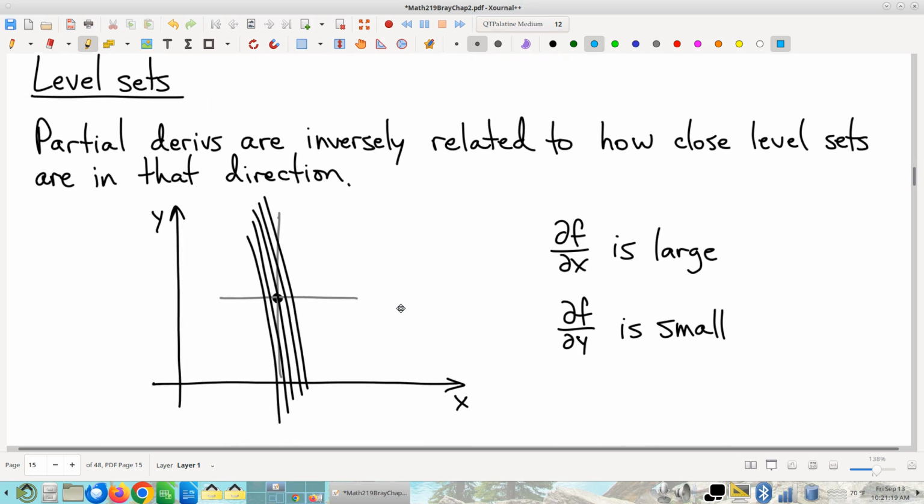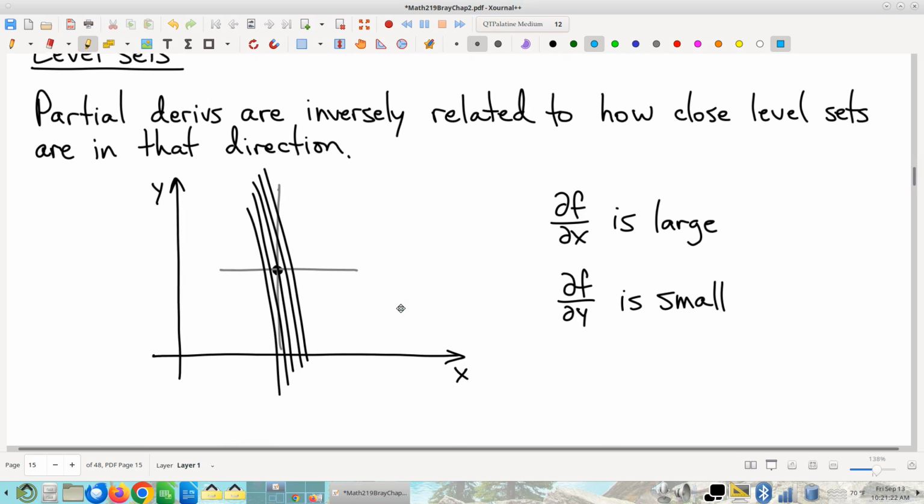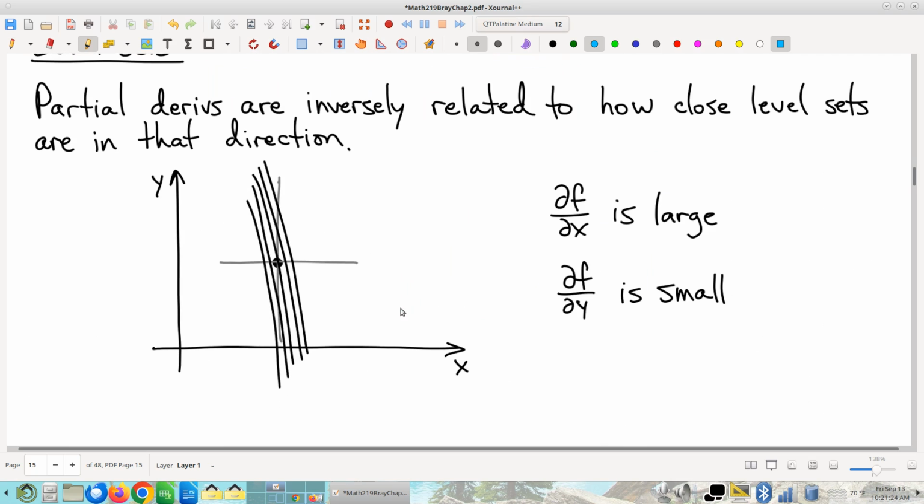Okay, how do we interpret it in terms of level sets? Now, again, a different kind of picture. And this one's a little bit dangerous, actually, because at a quick glance, you look at a particular level set of a function, a single level set, and it's a curve. And you're going to have this temptation to think, it's a curve, and we're talking about a derivative, and the derivative is the slope of the curve, right?